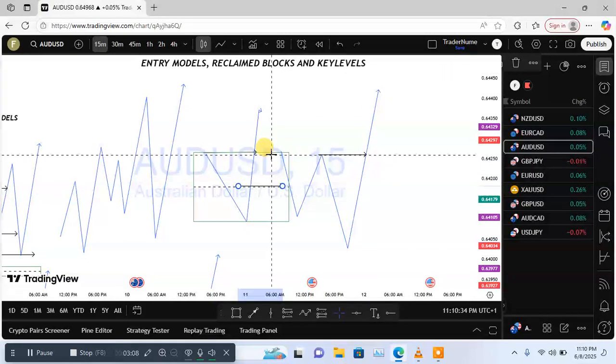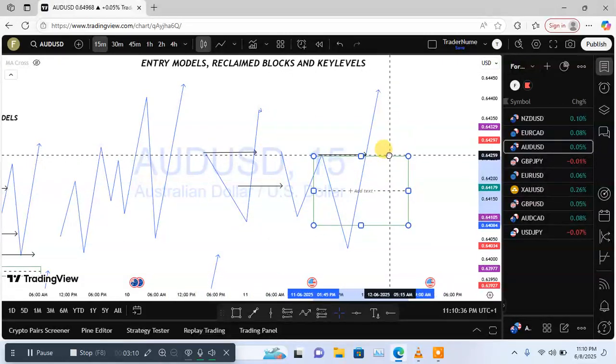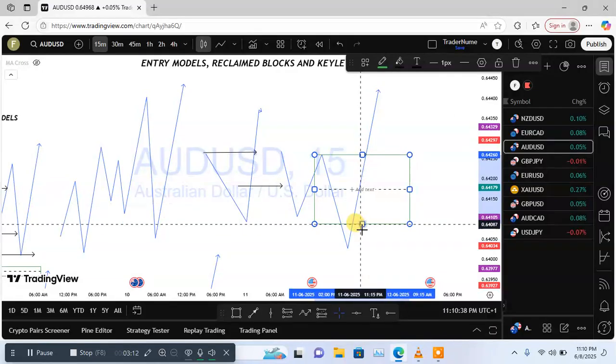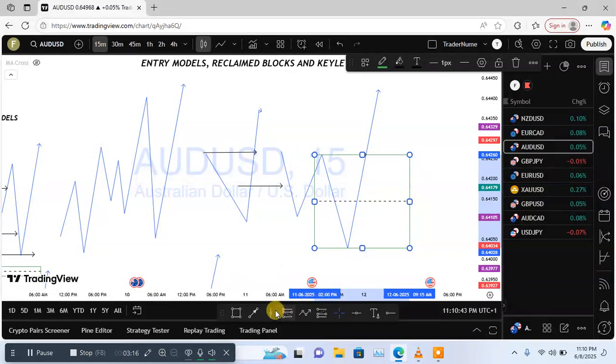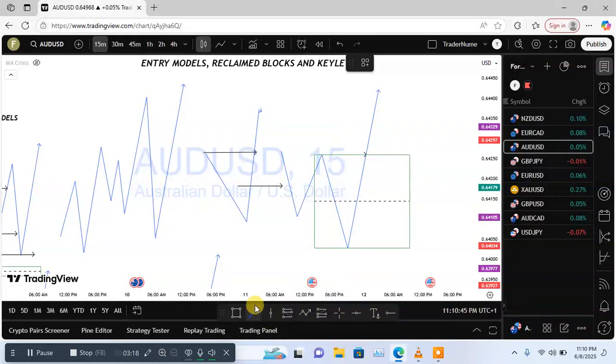The same thing for the 2 hours. When you get your break of structure on the 2 hours, you mark your discount zone here.